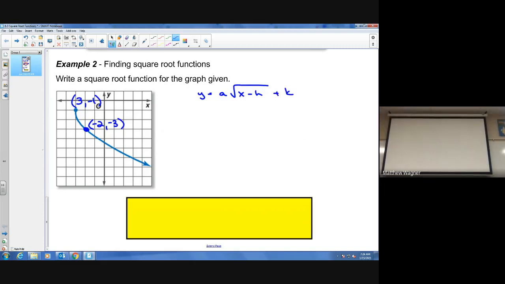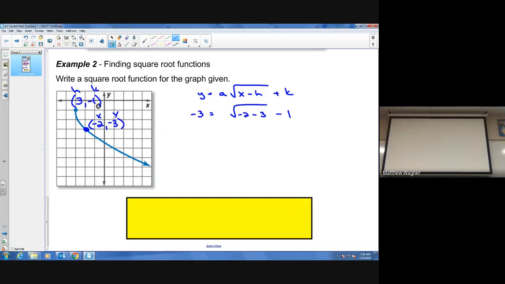So we have our standard form of our square root function. Now our objective is to solve. All right. We want to write the square root function. So we're going to start plugging in values. Well, I know that that endpoint is going to be my H and K. So I can plug in -3 here. I can plug in a -1 here. I know that my other point is going to be my X and Y.